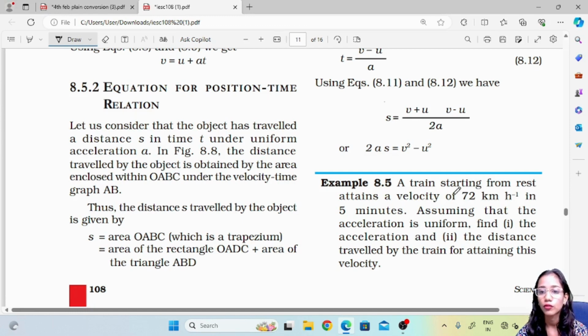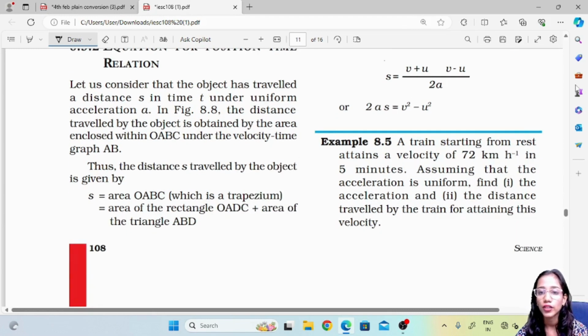For example, over here a train starting from rest attains a velocity of 72 km/h in 5 minutes. Now the time is given in minutes but the velocity is given in km/h. So this has to be changed from bigger quantity to smaller quantity, from km/h to meters/second.